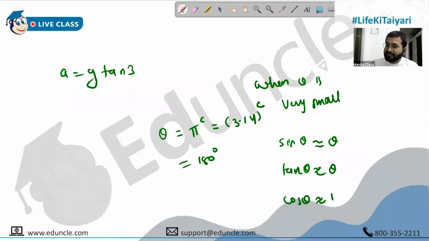If 3.14 is 180 degrees, then 1 radian would be around 60 degrees, people. Write it in your notes. 1 degree is small, 2 degrees is small, 5 degrees is small, 10 degrees is small. 1 radian is 180 upon pi degrees, which is around 60 degrees. 1 radian is not a small angle. A common mistake which students can make, okay?